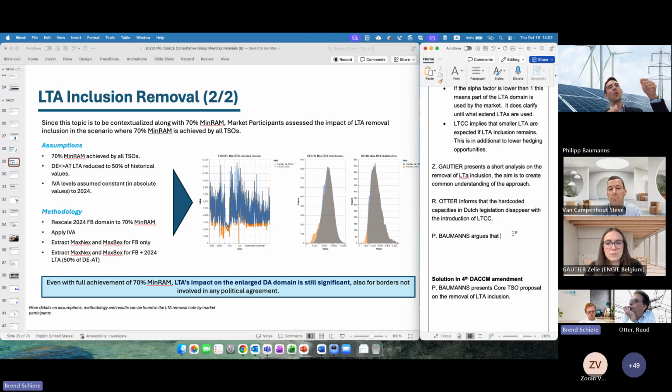But flow-based actually means that we optimize all zones together. So if we want to go on one zone, on this exchange for example, market participants say, okay, we want as much capacity as possible for the Netherlands border. Even in this example, this can be above the max-bax restrictions.